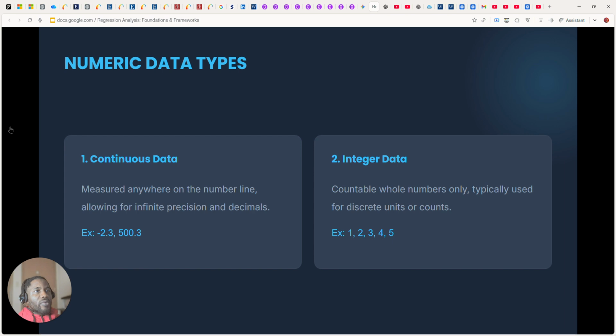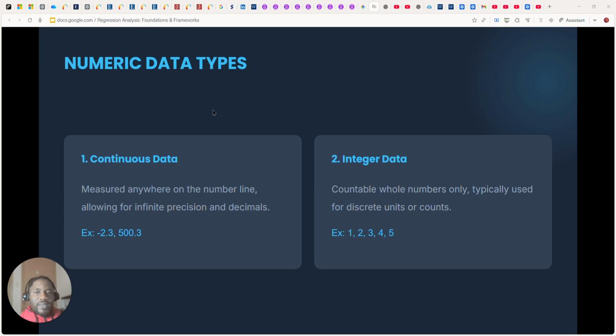So let's talk about different types of data. Number one is continuous data. What is this? Continuous data can take any value on a number line. It includes decimals and fractions, and is measured, not counted. Think of it as how much.